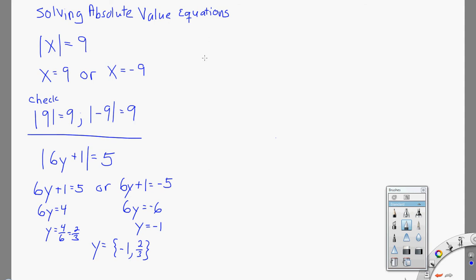This is a problem out of the textbook, number 28. So, the absolute value of 9k minus 4. Now, if that was equal to something, we'd be able to go ahead and apply this rule. But instead, it's minus 11 equals 2.